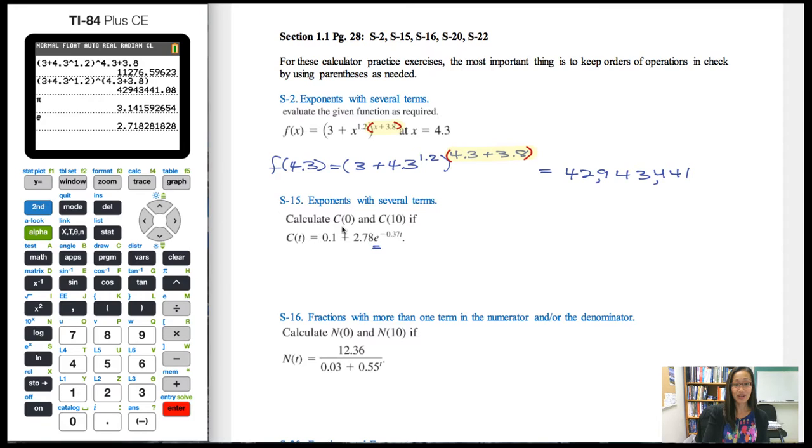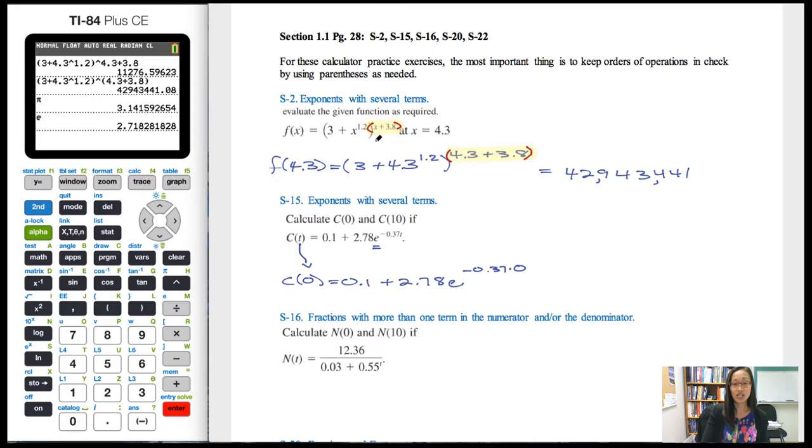Now let's evaluate this function, and let's just do C of 0. If I want to evaluate this at 0, that means wherever I see T, I'm going to substitute it with 0. And I'm just going to write out exactly how I'm going to type this into my calculator.